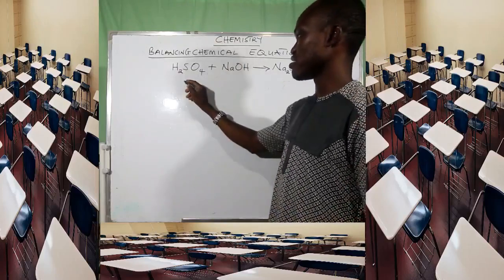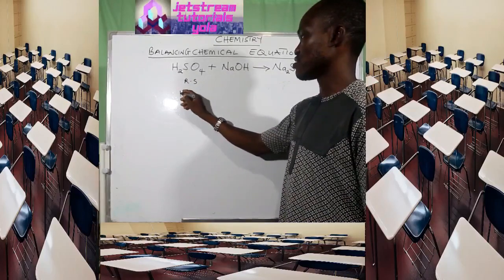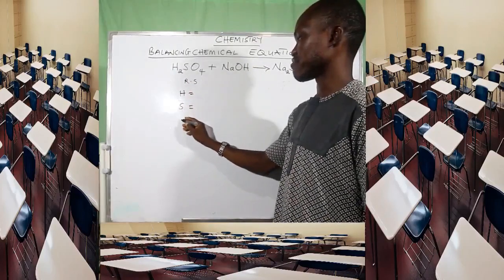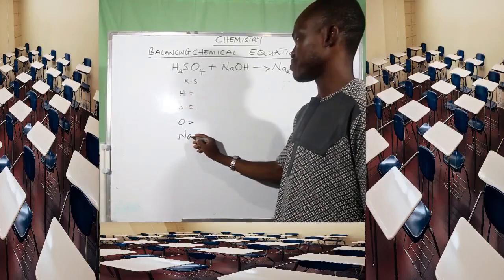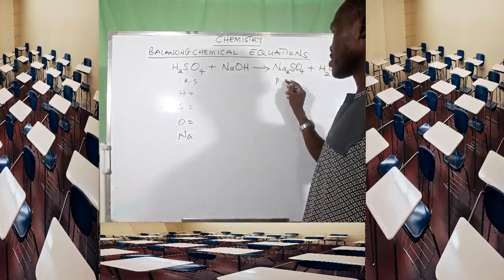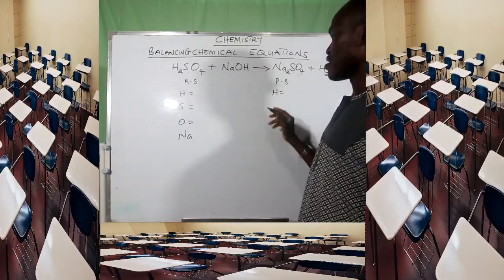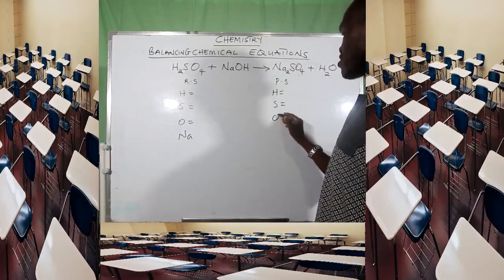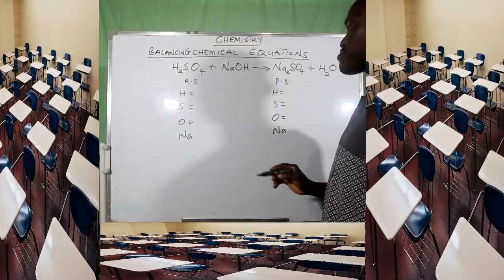On the reactant side, we have hydrogen, sulfur, oxygen, and sodium, and on the product side, we have hydrogen, sulfur, oxygen, and sodium as well.